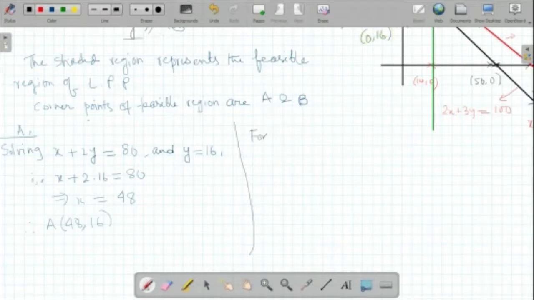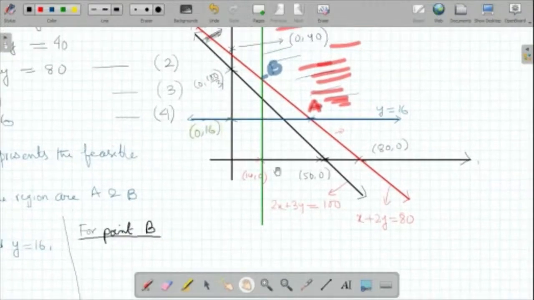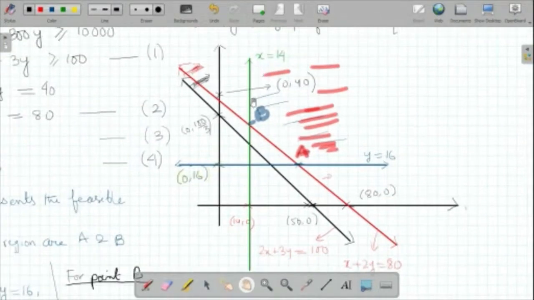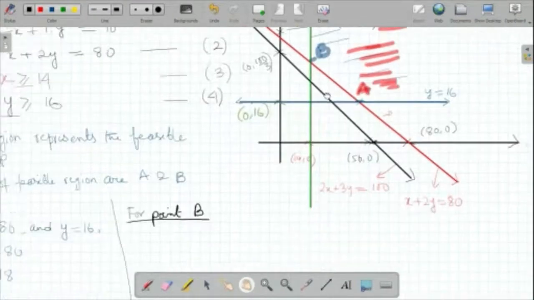Okay, similarly, now let's come to point B. Now let's see. Point B has this red line and this green line, the green line x equals 14, right?